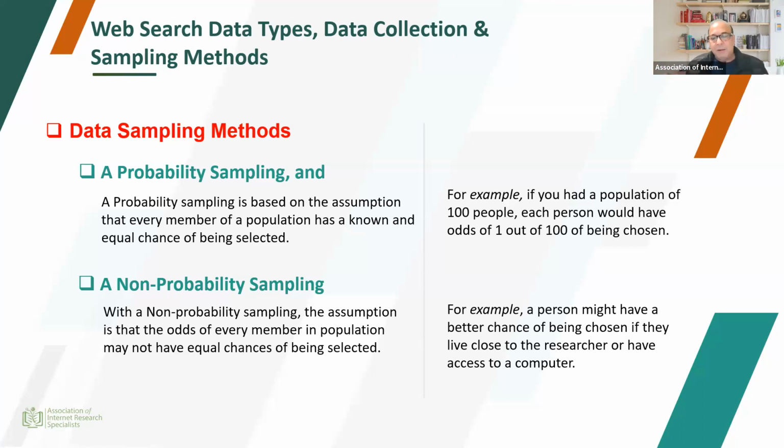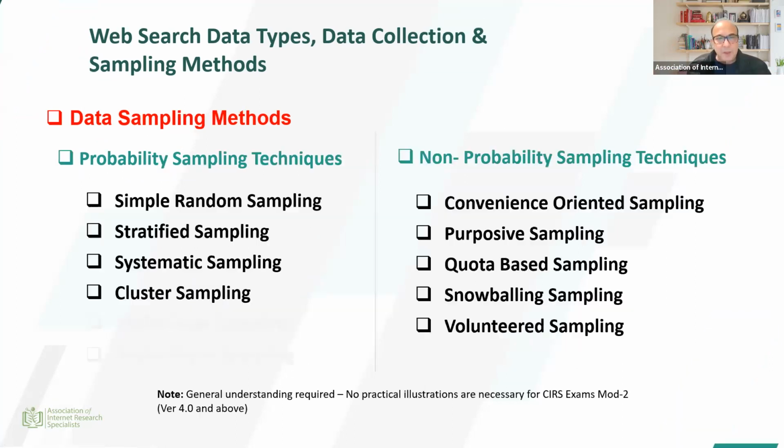So the fact that you are randomly picking it up from that pool, that makes it probability sampling. So there is a probability of one number to be found out of 100 when you pick just one card or just one piece of paper with a number on it. That's the simplest way of explaining probability.